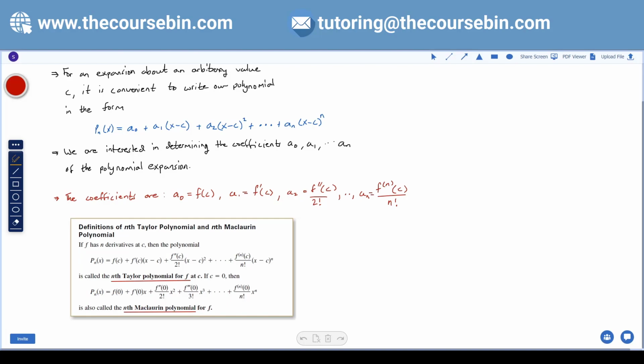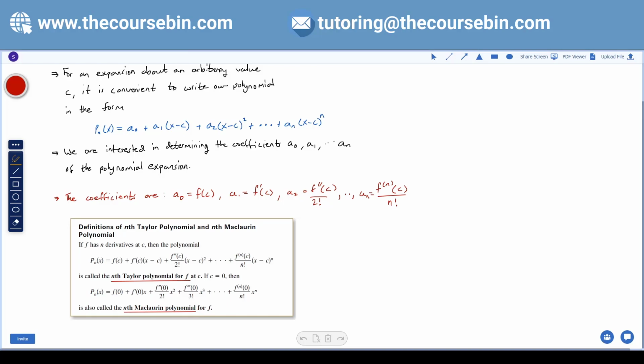There's something else. There's like two conditions, and then they allowed you to get your first linear approximation. You were able to get a linear approximation if you were able to fulfill the two conditions, which were P of C equaling F of C and P prime of C equaling F prime of C.